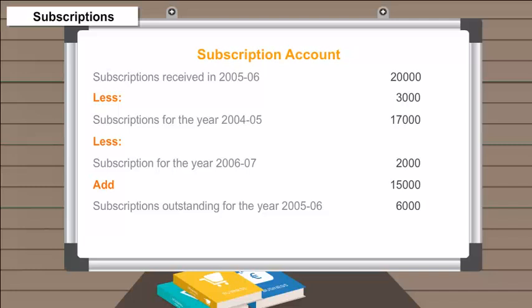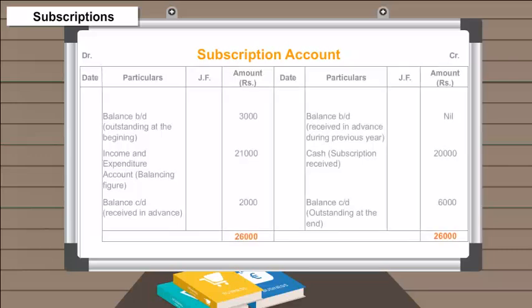In this case, the receipt and payment account will show Rs 20,000 as receipt from subscriptions, but the income and expenditure account will show Rs 21,000 as income from subscriptions for the year 2005-06, the calculation of which is shown in the referenced image.